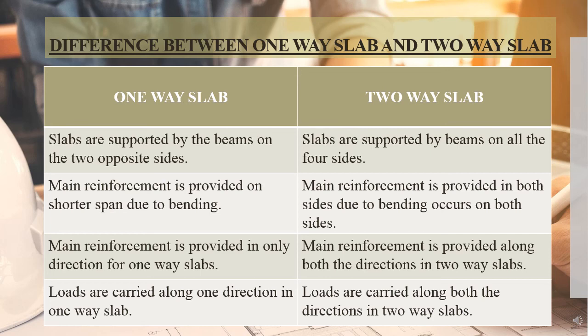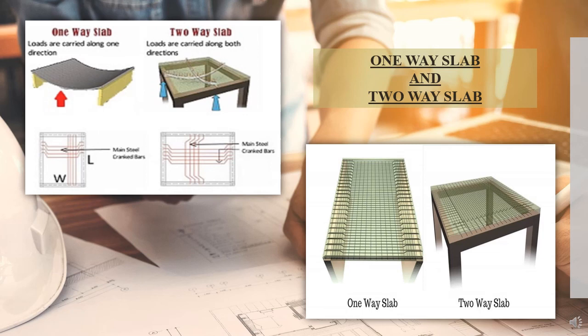Lastly, one-way slab, loads are carried along one direction, and two-way slab, loads are carried along both the directions. This diagram will help you more understand differences between one-way slab and two-way slab.